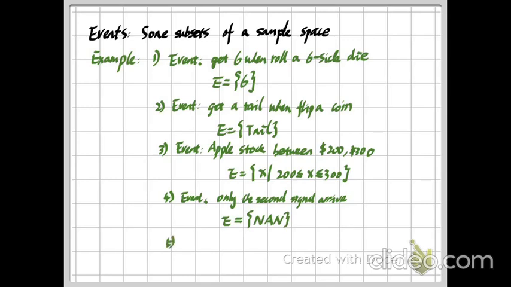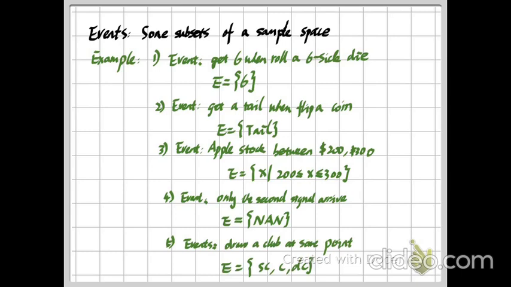And then the last one is about drawing a card. Now this event is if you are only interested in drawing a club at some point. So we don't care whether we draw a club on the first draw or the second draw.